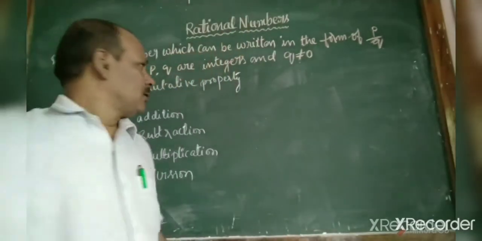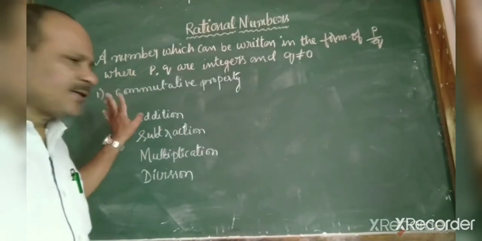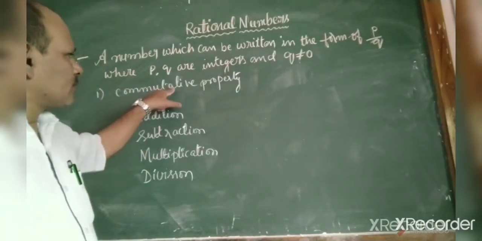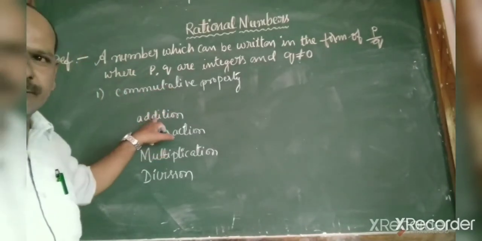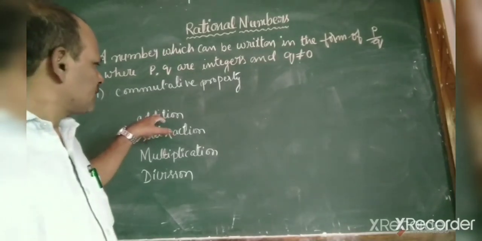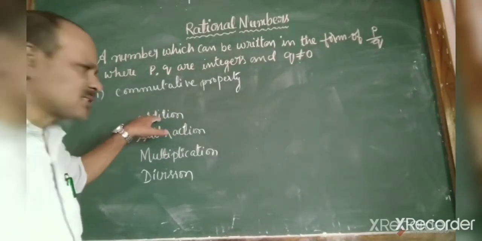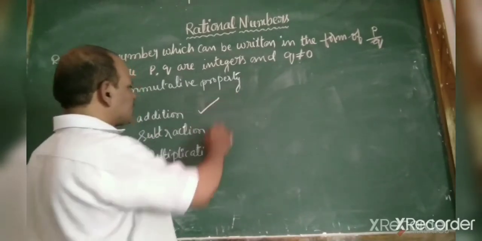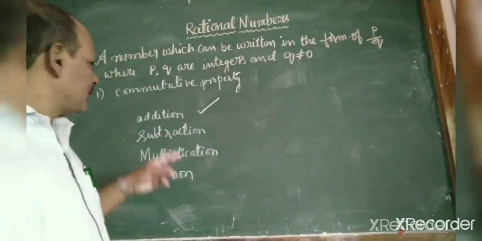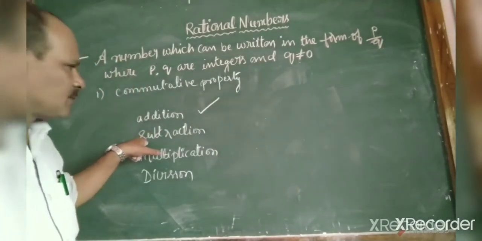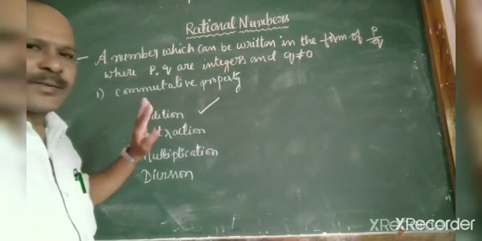Now let us take an overview of the commutative property. Whether the rational numbers are commutative under addition or not. Yes. Rational numbers are commutative under addition. Now, are rational numbers commutative under subtraction or not?